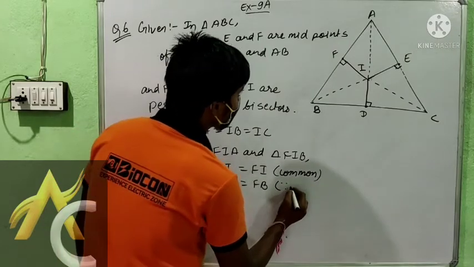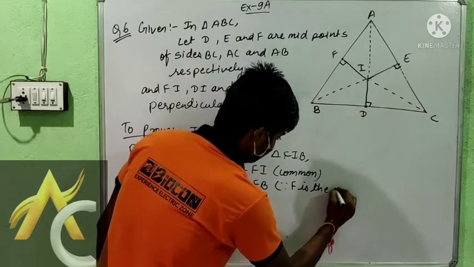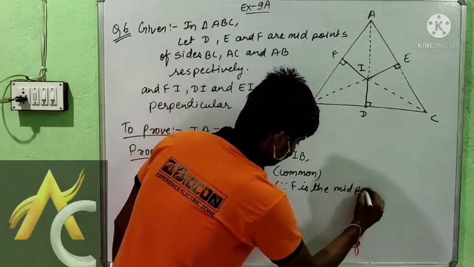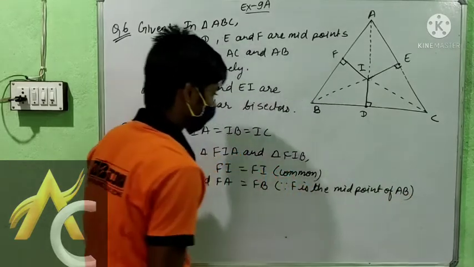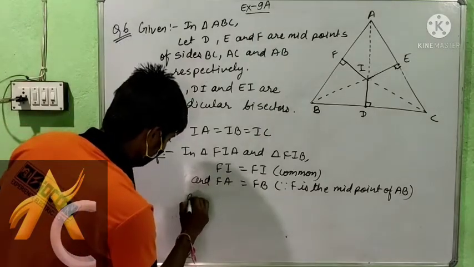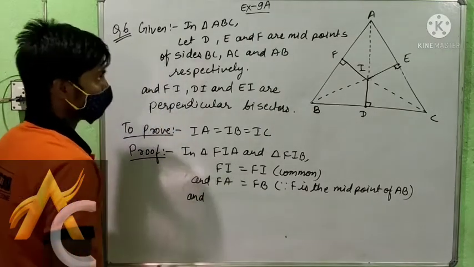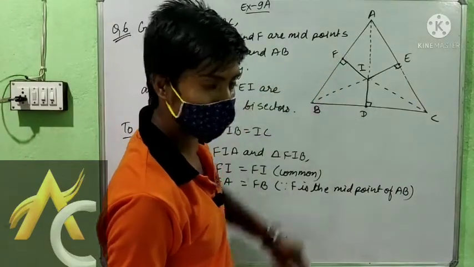Since F is the midpoint of AB, and also this angle and this angle are 90 degrees because it is a perpendicular bisector.